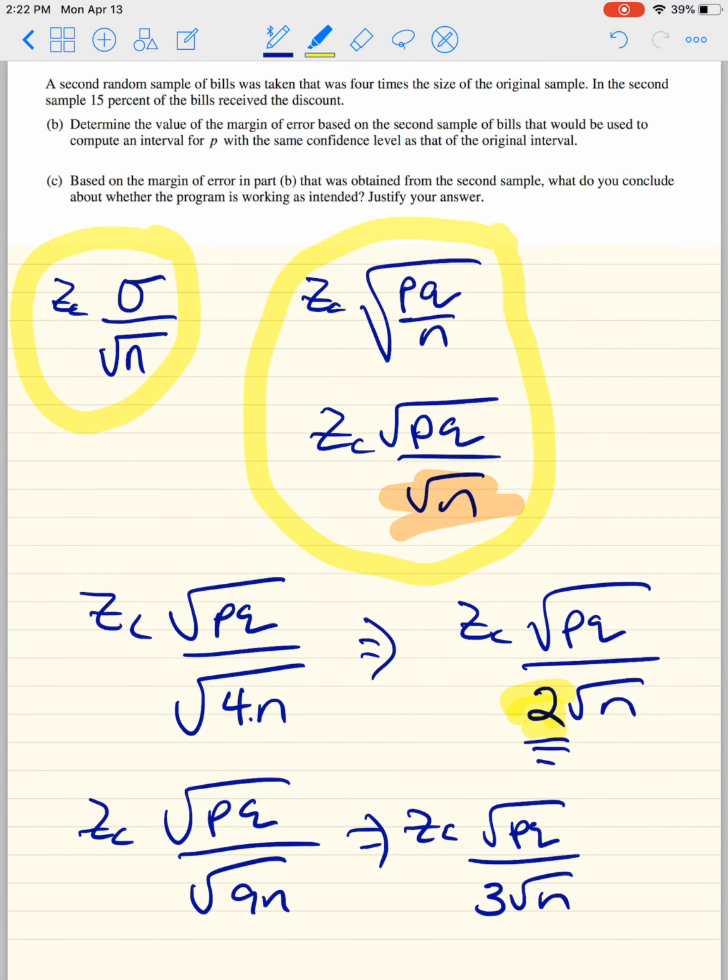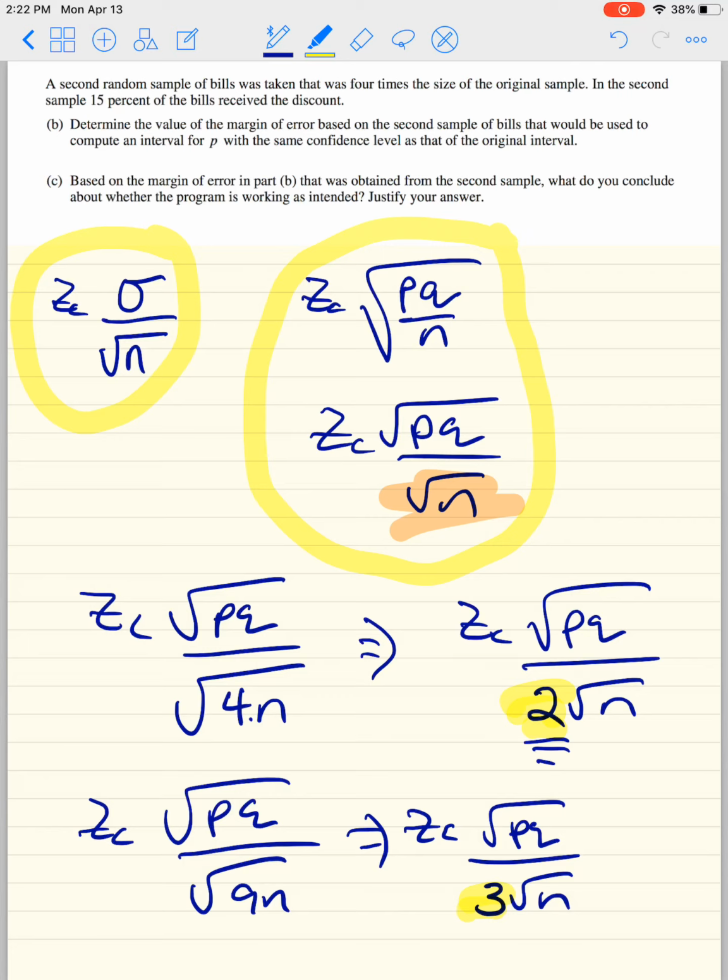If you multiply a sample by 9, you divide the margin of error by 3, and so on. If you multiply the sample by 25, you divide the margin of error by 5. Remember, when you multiply the sample, it's getting larger and you're getting closer and closer to the true mean, which means the margin of error needs to get smaller and smaller.